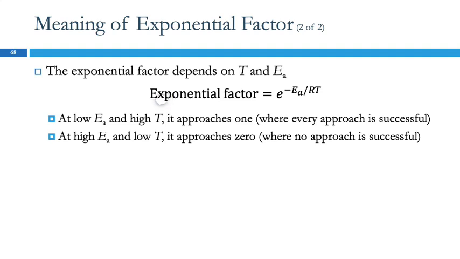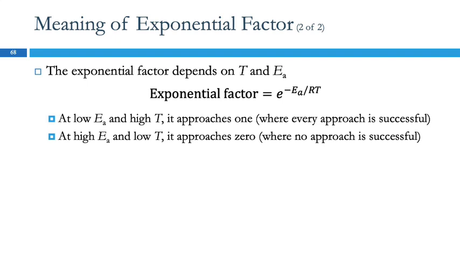So if this factor is equal to 1, that means every approach is successful. Well, what would cause that to happen? If Ea is low, if the activation barrier is low, and the temperature is high. Right? So how does this number become 1?